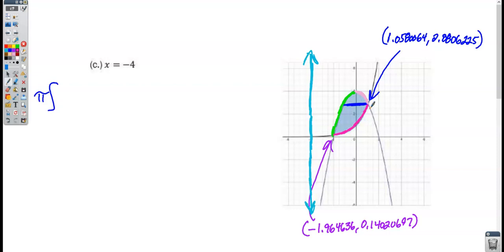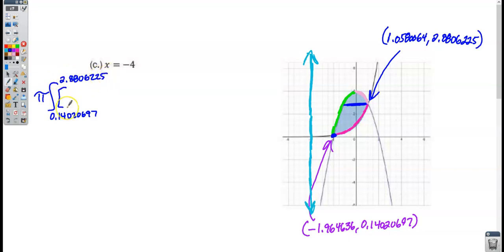Let's start with the first one, the bottom one. So we are going to be integrating from here, this y-coordinate right here, up to this y-coordinate. So let's put our limits of integration in, 0.14020697 and 2.8806225.